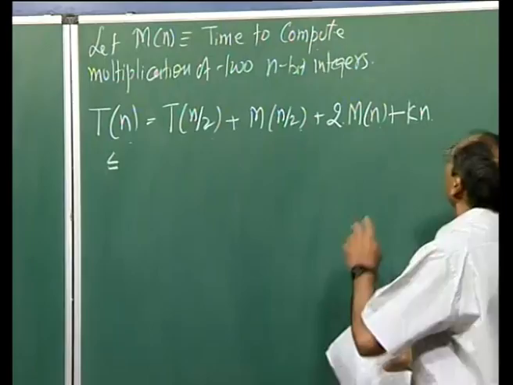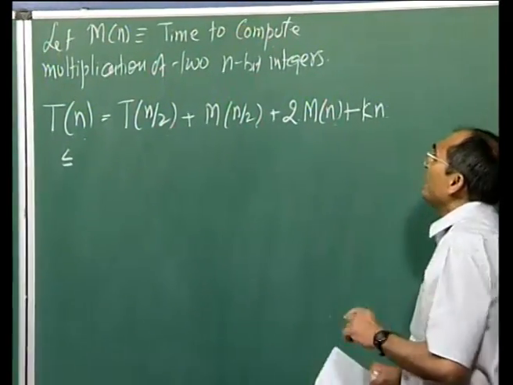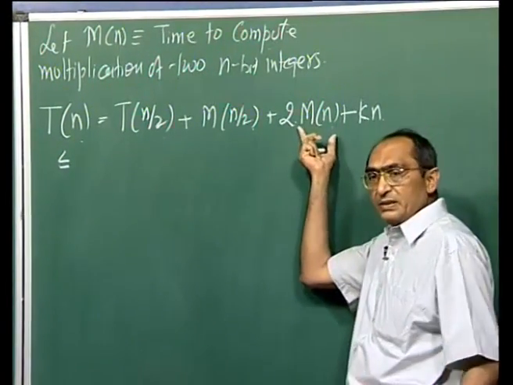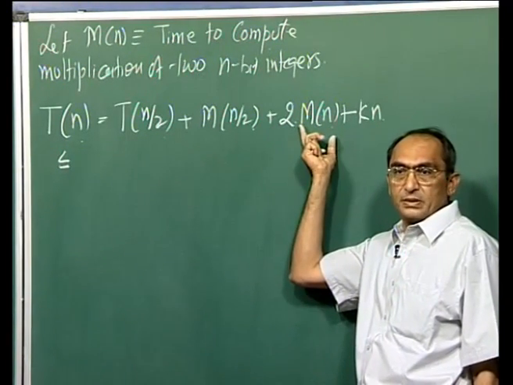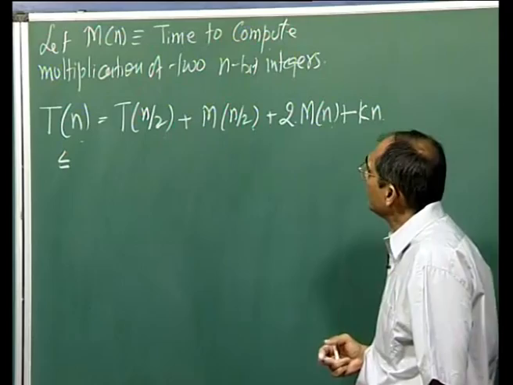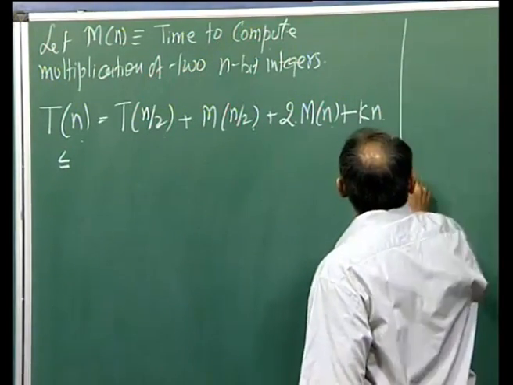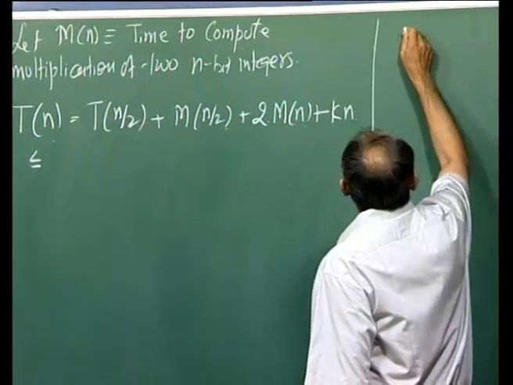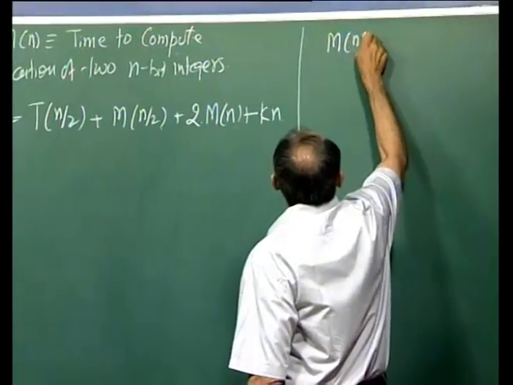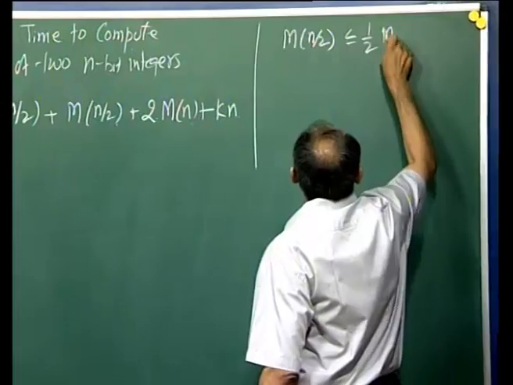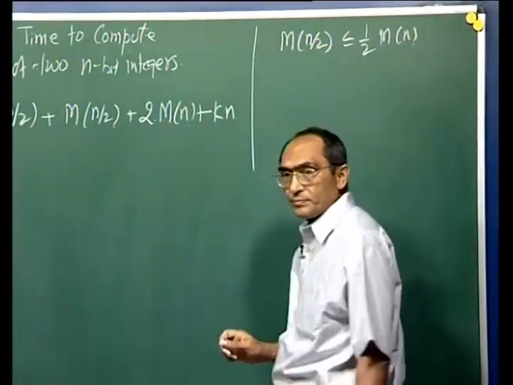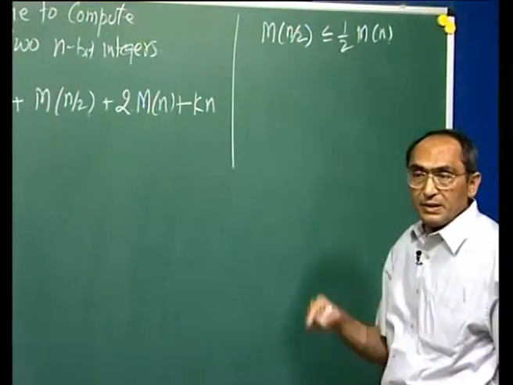This term can be absorbed by M of n. Notice that M of n is at least linear, and the other fact is that M of n by 2 is less than or equal to 1 by 2 M of n. It may be actually worse than linear in general.